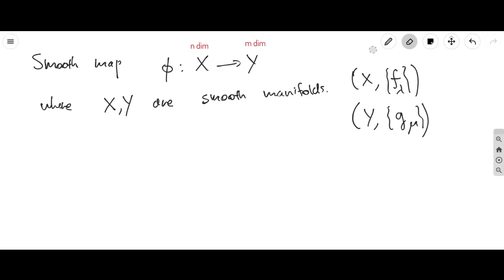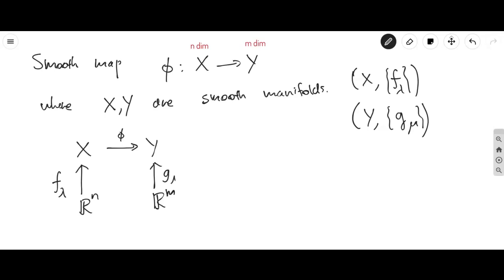And so the reasonable way to do this is you're mapping, this is phi, and then you have Rn, and you pick one of these charts, F lambda, and then you have Rm. You have one of these charts. We call this G mu. And you're going to reverse it the other way around.